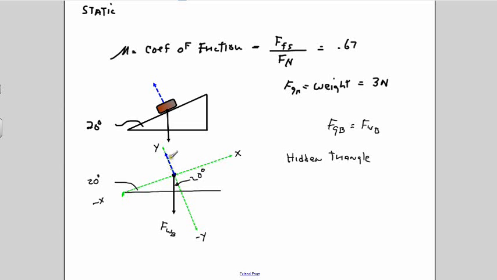Now, we know that this is the force normal, which I will identify up here, and this is the force weight of the block, and this again is the force normal.